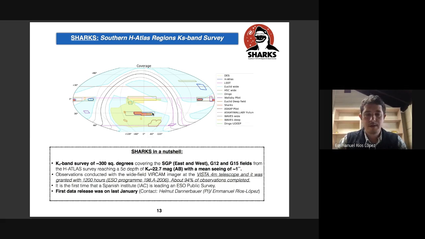It is deep, almost magnitude 23 in the K-band, and covers mainly this field, the subgalactic pole, and also the gamma 12 and gamma 15 fields. If you're interested, please let me know. You can contact me, or also Helmut and Barwer, who is the PI at IAC.